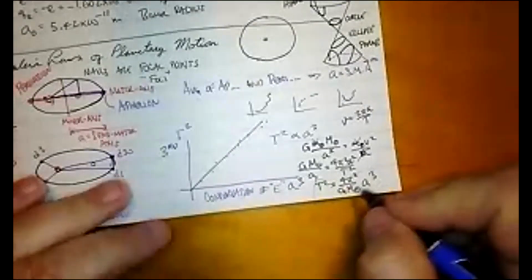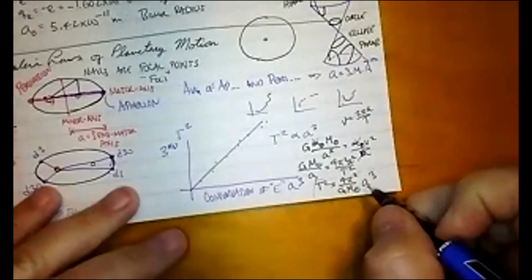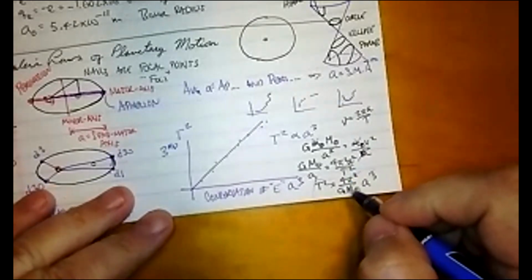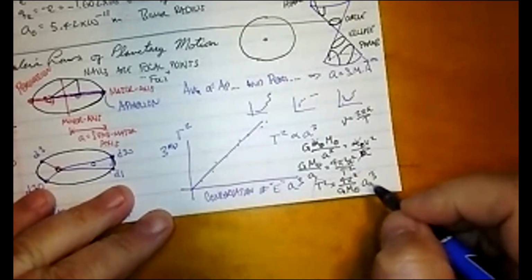Now it makes sense though. It's got a constant in there that tells you something. For instance, if you did it more general and took into account the fact that the orbits can be ellipses, basically the only difference would be this G would be multiplied by parenthesis mass of the sun plus the mass of the planet.